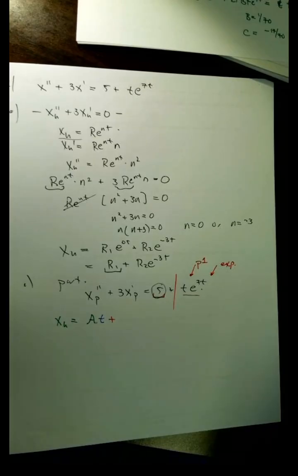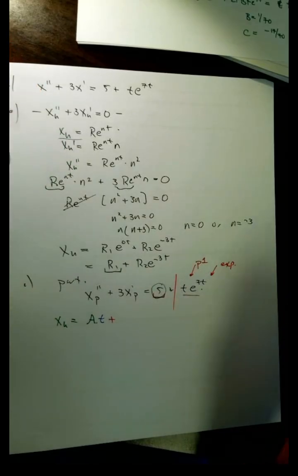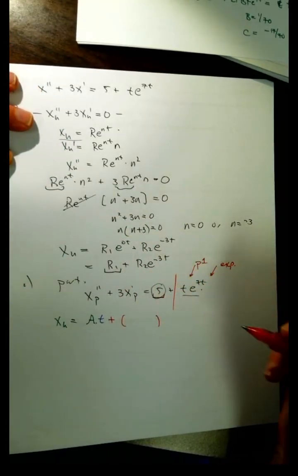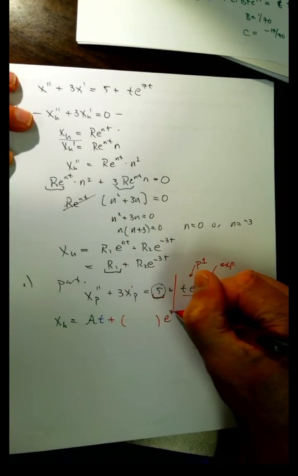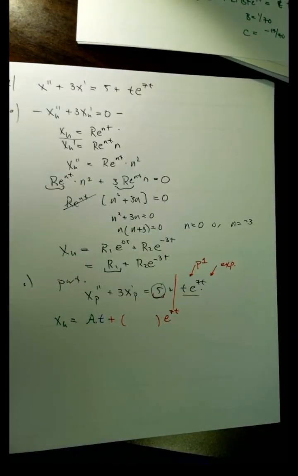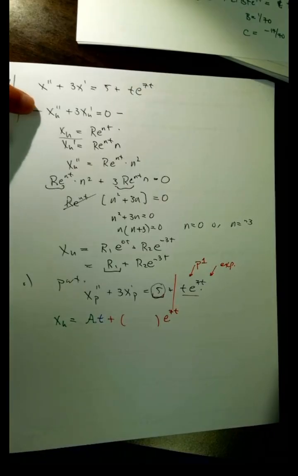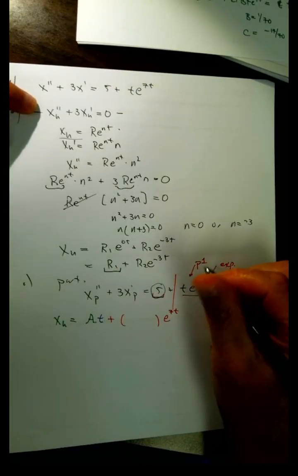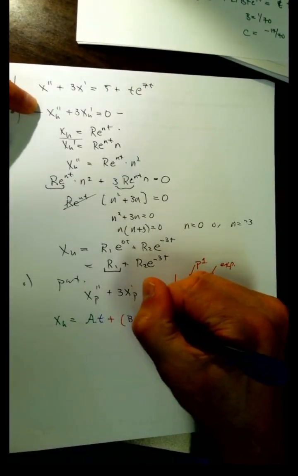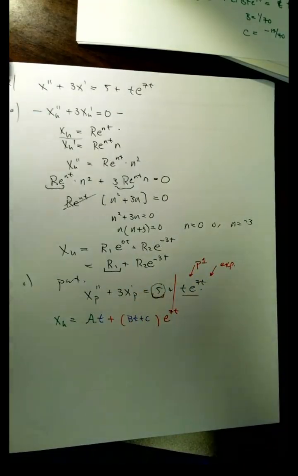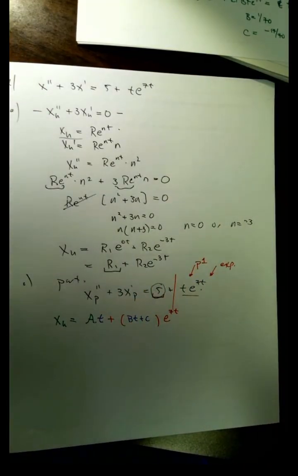Because when I use the product rule and take derivatives of that, I'm going to keep getting polynomials of degree 1 times an exponential. I don't know what that polynomial of degree 1 is going to be, but I do know the exponential has to be e to the 7t. Because when I take derivatives of that, I'm just going to get e to the 7t. So the most general polynomial of degree 1 is just going to be something times t plus a constant.